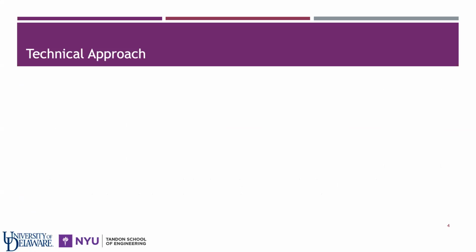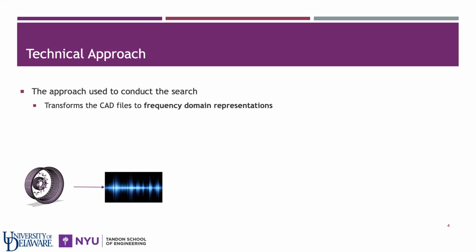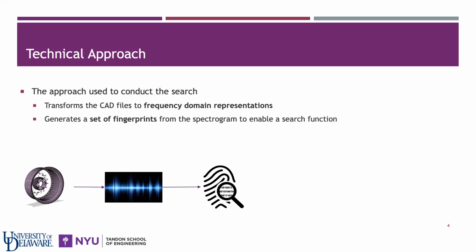We were inspired by audio search algorithms that use a spectrogram, which is a 3D graph of time, frequency, and amplitude. Therefore, the first step of our approach is to transform the CAD file into a frequency domain representation, which is a spectrogram. Then for each spectrogram, we generate a set of fingerprints to represent the CAD file.